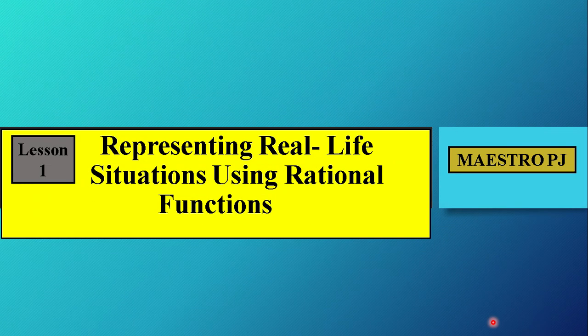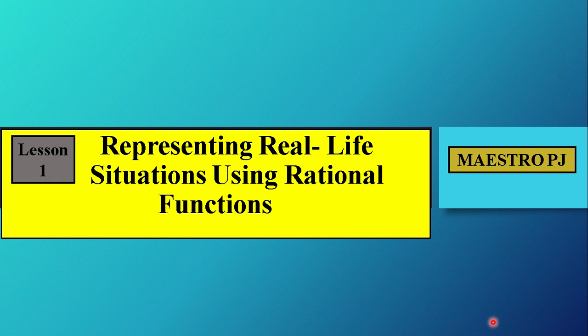Okay, so let's proceed in representing real-life situations using rational functions. Alam nyo na kung ano ang polynomial functions, alam nyo na kung ano yung mga example at hindi ng polynomial functions.